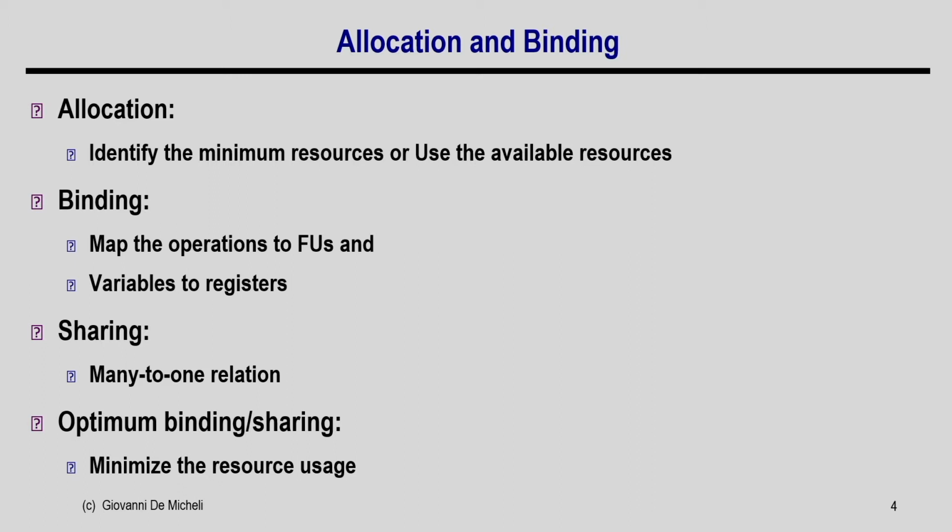So, once that is given, or you identify the minimum requirement, you allocate a sufficient number of FUs, and then binding is basically mapping operations to FUs and variables to registers. And our objective is sharing. We want to share one FU for multiple operations, and similarly one register for storing multiple variables.